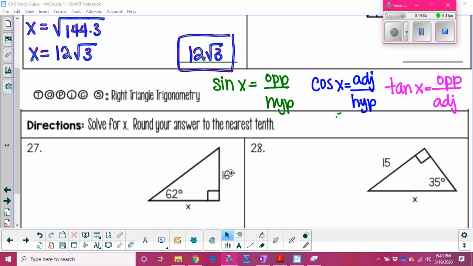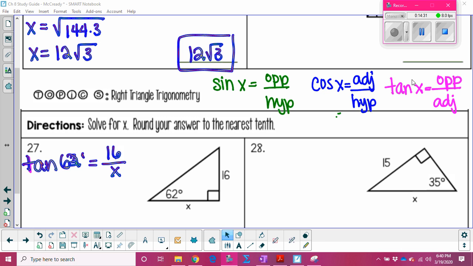So opposite and adjacent, it is tangent. So we're going to do the tangent of 62 degrees equals the opposite side, which is 16, over the adjacent side, which is x.